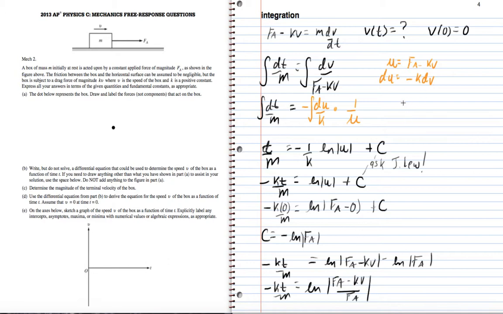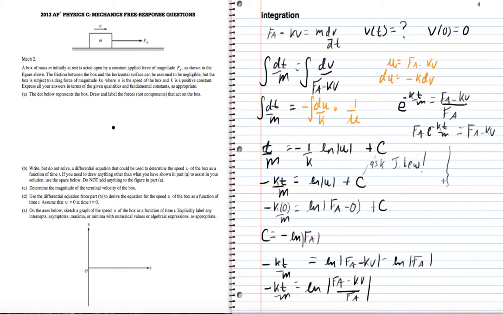Let's exponentiate both sides. So we'll have e to the negative kt over m equals Fa minus kV over Fa. Now I'm going to multiply both sides by Fa, so I'm going to get Fa e to the negative kt over m equals Fa minus kV.